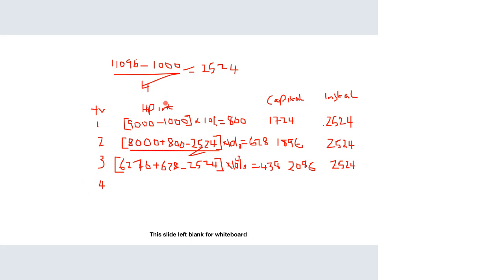Now I want you to calculate the hire purchase interest for year 4. You get the capital for year 4. The installment will be the same, will still be 25.24. So can we get the hire purchase interest for year 4?